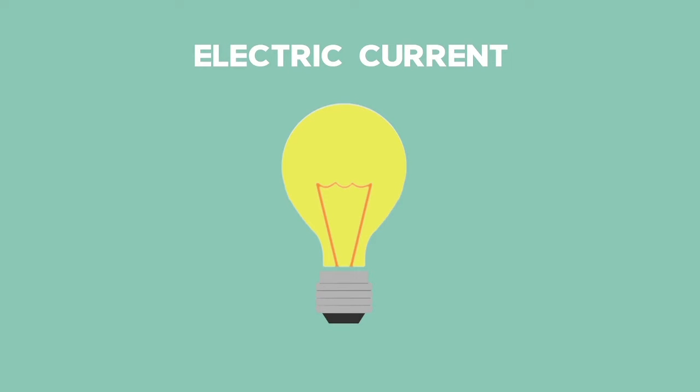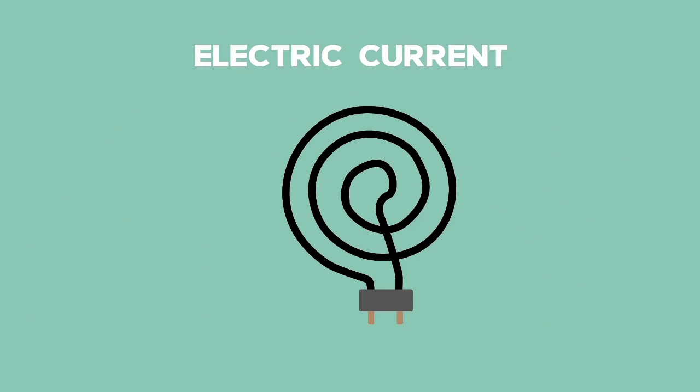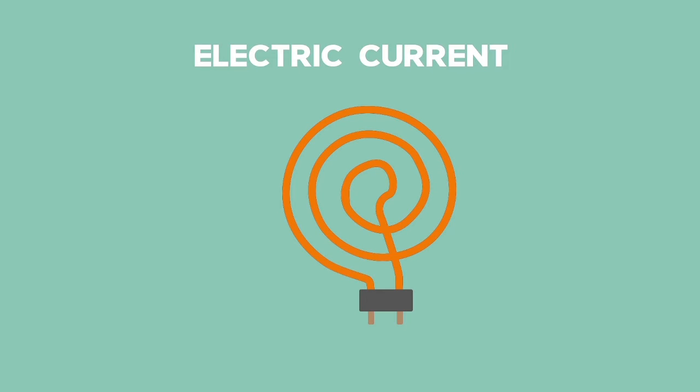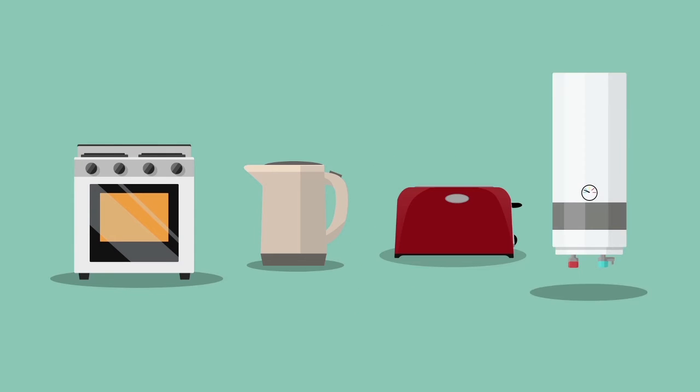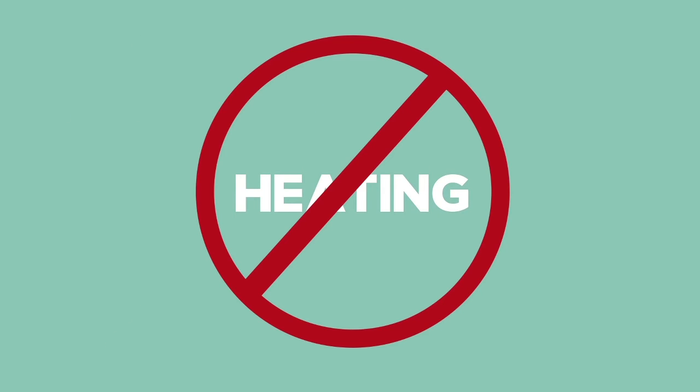The heating effect of an electric current is used to advantage in filament bulbs and the heating elements found in appliances such as stoves, kettles, toasters, and geysers. The heating effect of a current also results in energy losses in many devices, whose primary function is not heating.